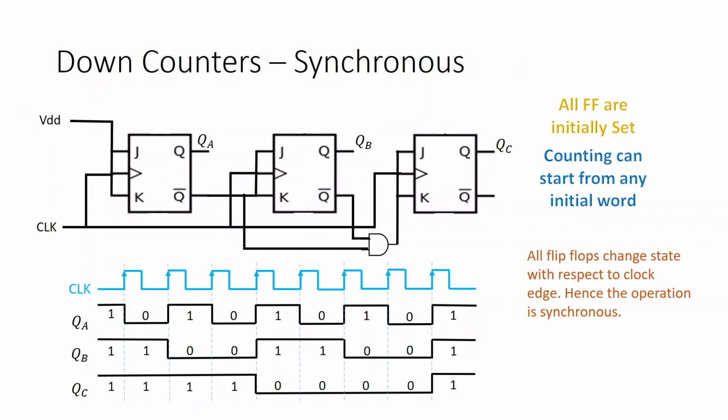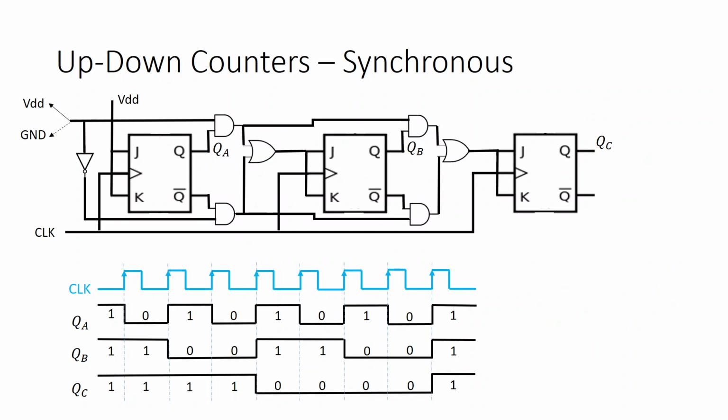Obviously, if you are taking QA as the down counter output, then Q bar will act as the up counter. But here we have done a fancy thing actually. We are trying to take only QA, QB, QC and make it an up counter or down counter. So we have some additional gate circuits here.